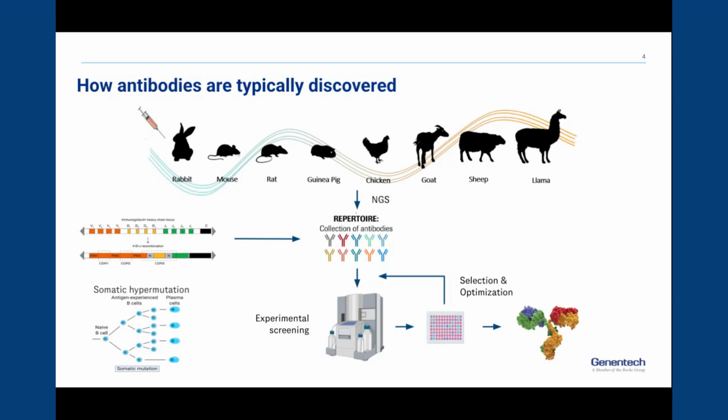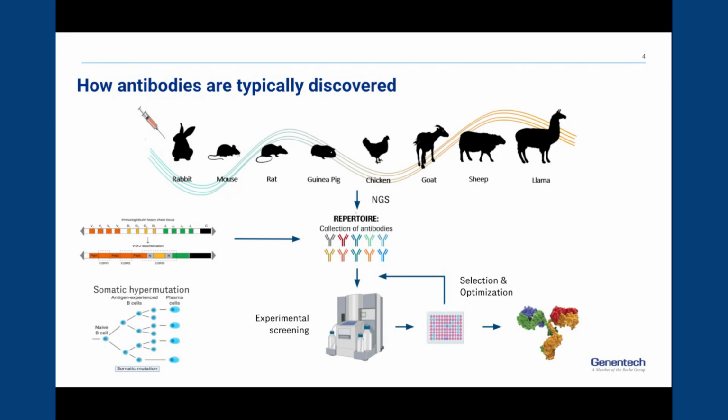Usually that's done by having a specific target in mind that is implicated in some disease. We know the pathway, we know the mechanism of action. Then we inject the target into an animal, and we let the immune system generate the antibodies that we can then test for other functions and properties.